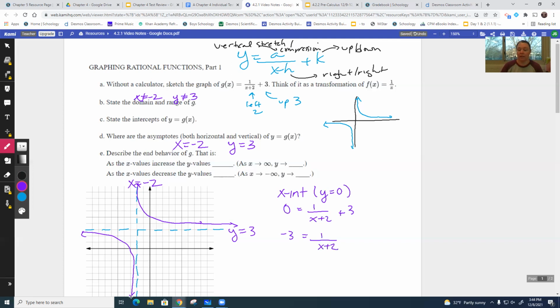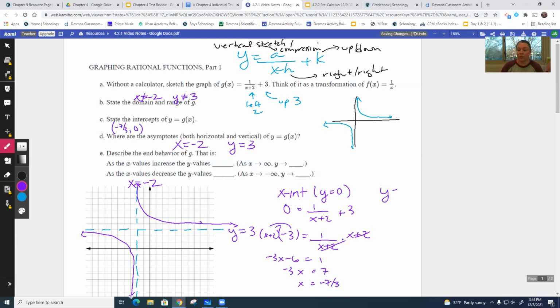I don't really love this x plus 2 on the bottom, so I'm going to multiply both sides by x plus 2. Over here, I have -3x minus 6 equals, those cancel, 1. I'm going to add the 6, 7, then divide by the -3, so x is -7/3. So I have an x-intercept at (-7/3, 0).